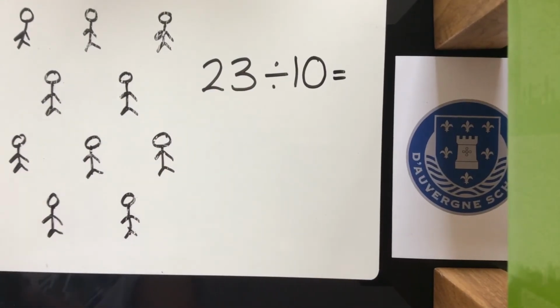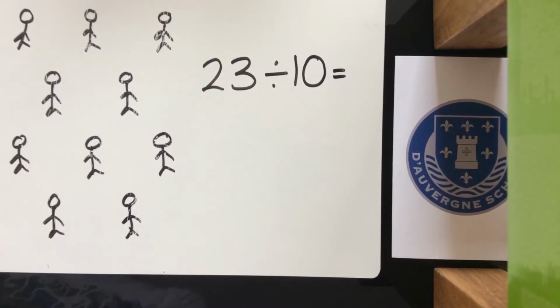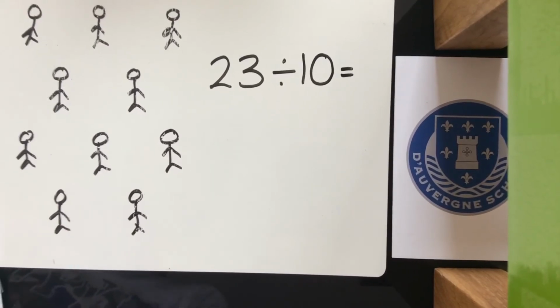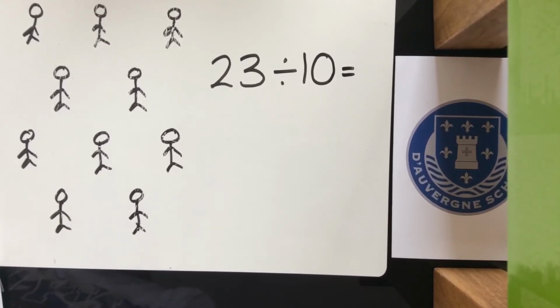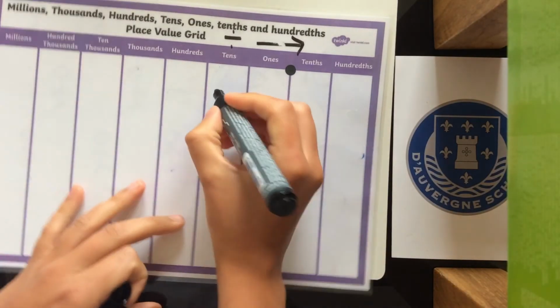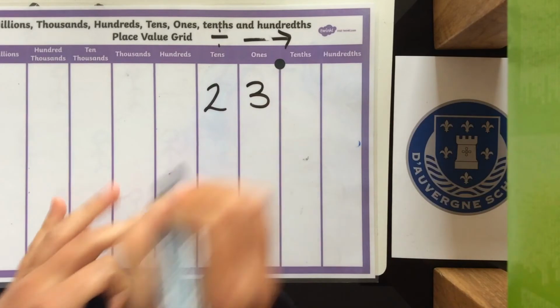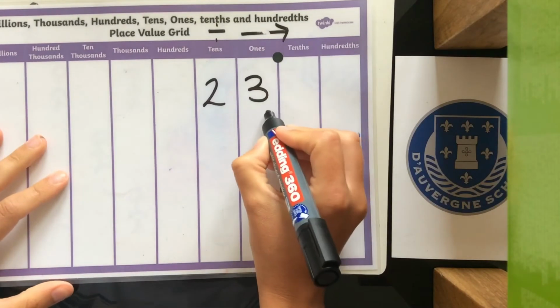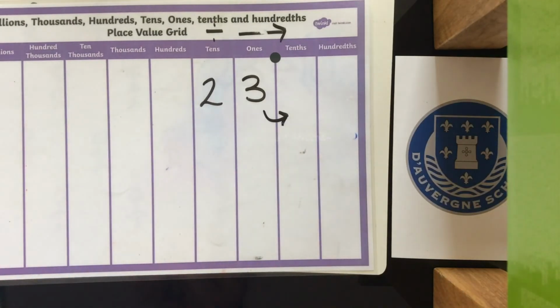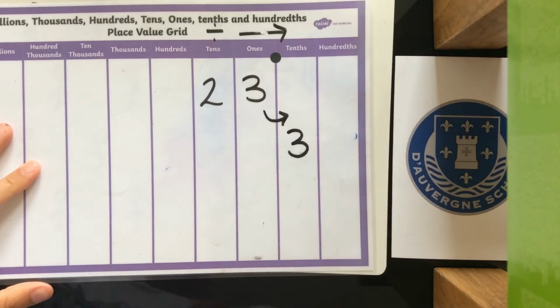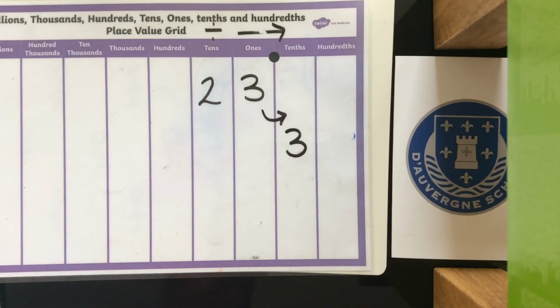Okay, so let me just wipe off my place value grid. If there are 23 sheets of art paper and we are sharing between 10, we're still moving back 1 space because we're dividing by 10. So the 3 moves back to here, but what about the 2?